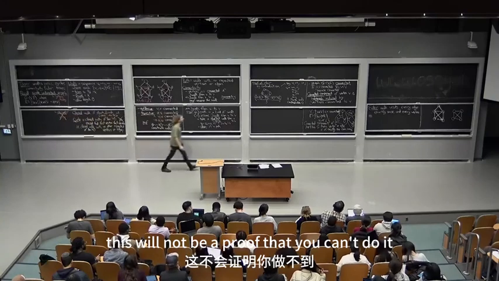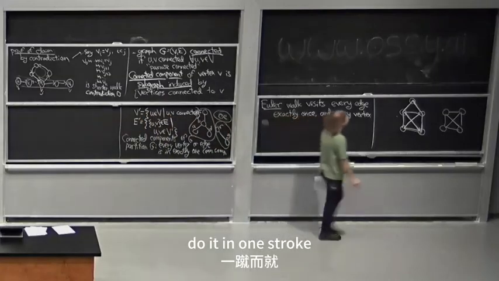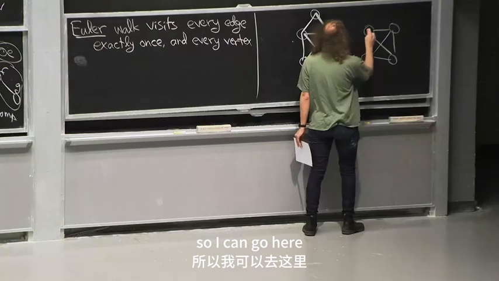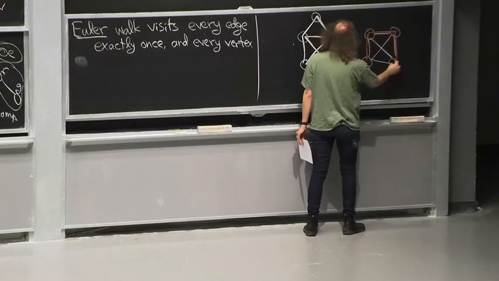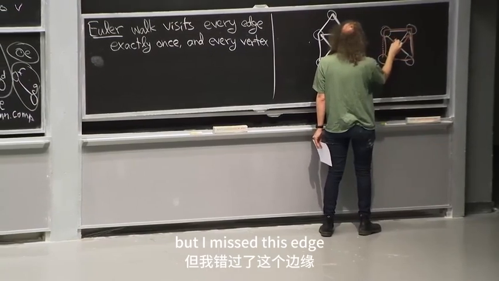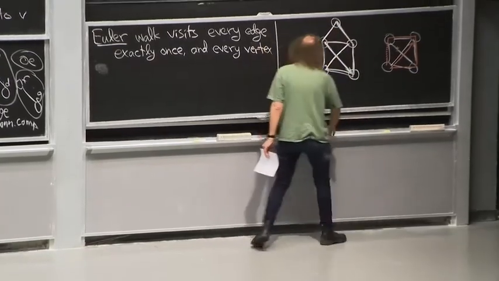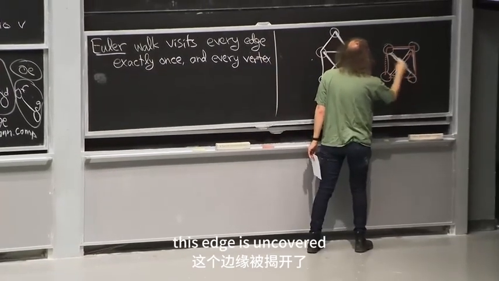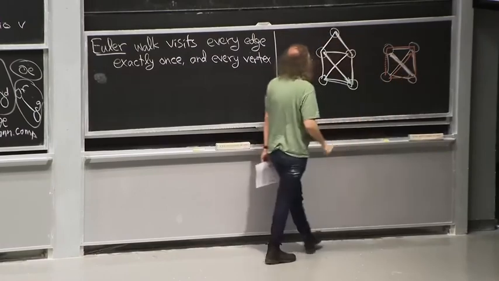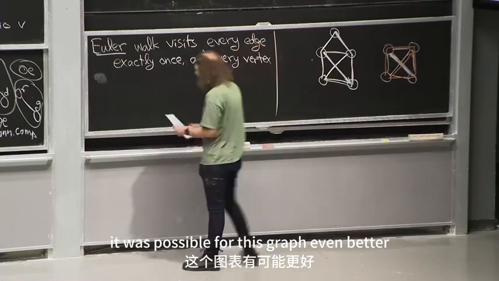This will not be a proof that you can't do it, but we will shortly prove that you can't do it in one stroke. So I can go here, here, here, here, here. It's pretty good, but I missed this edge. This edge is uncovered. And it turns out it's not possible for that graph. It was possible for this graph.